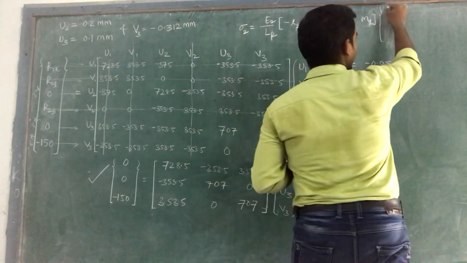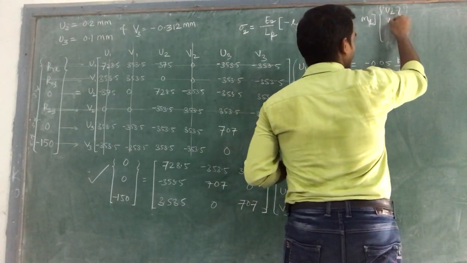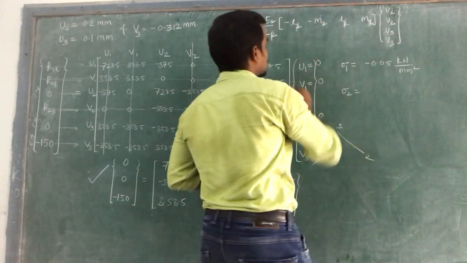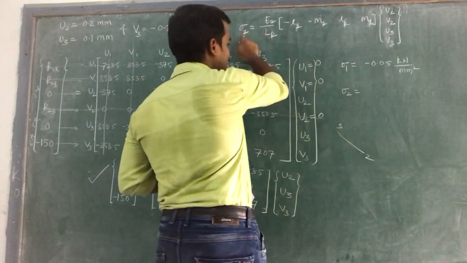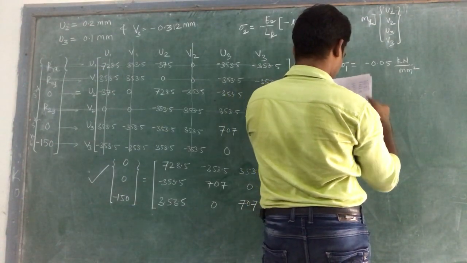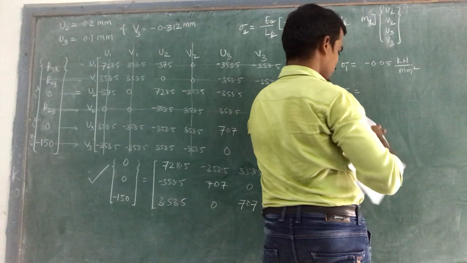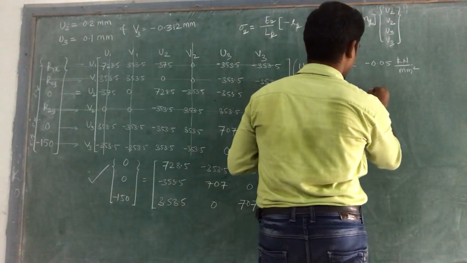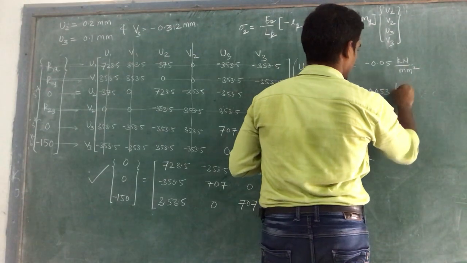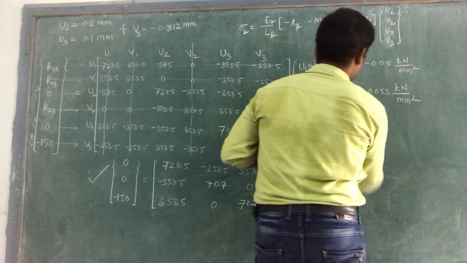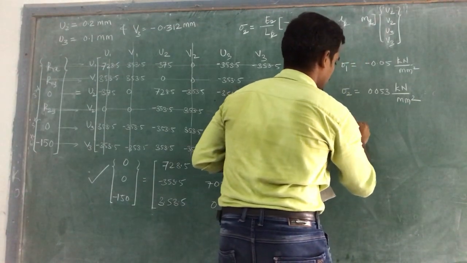So these displacements will be U2 V2 U3 V3. Put all the values, and you will get sigma 2 as 0.053 kilonewton per mm square.